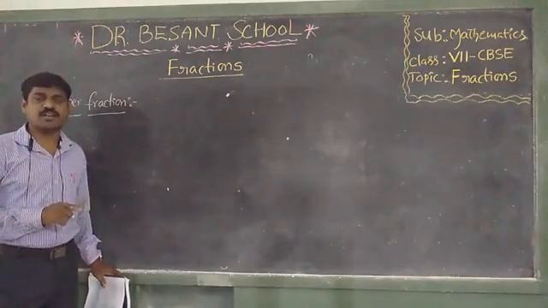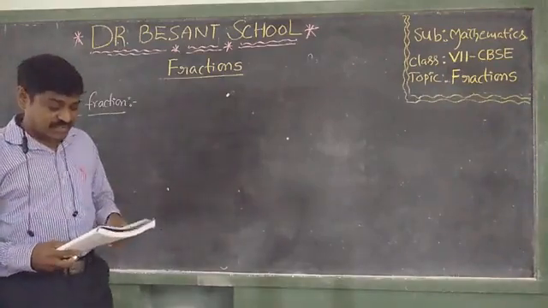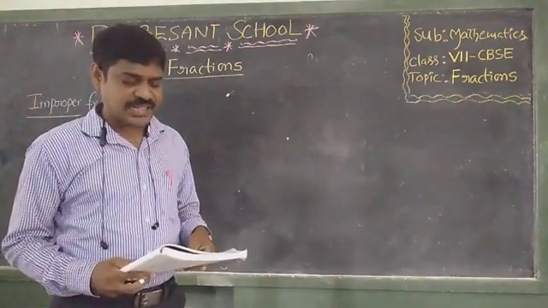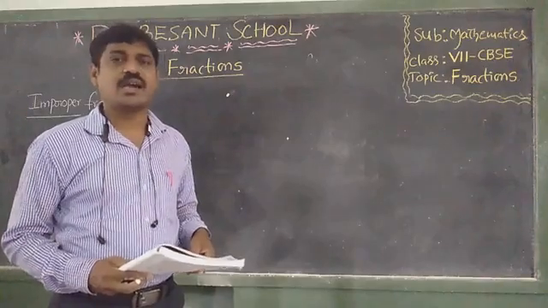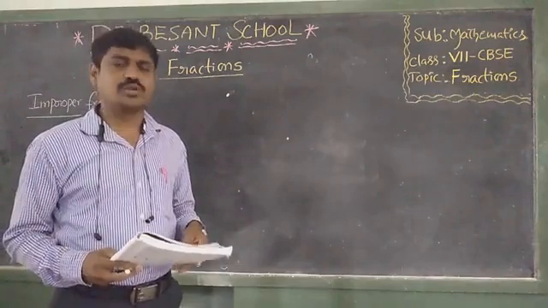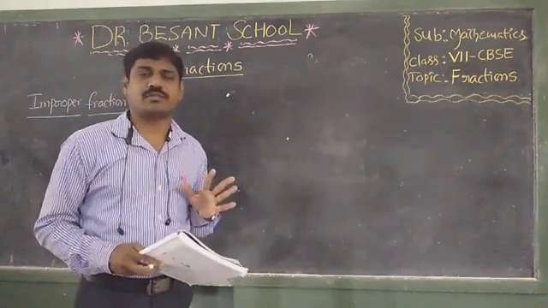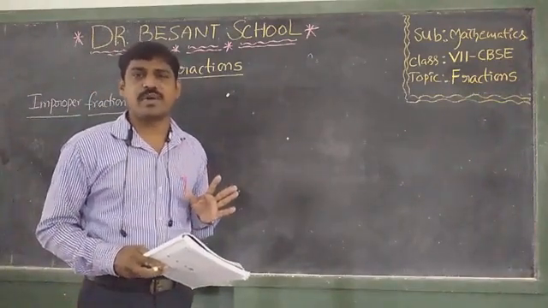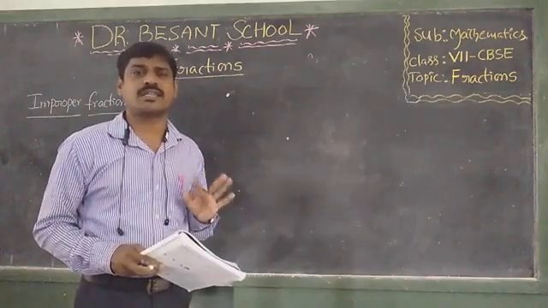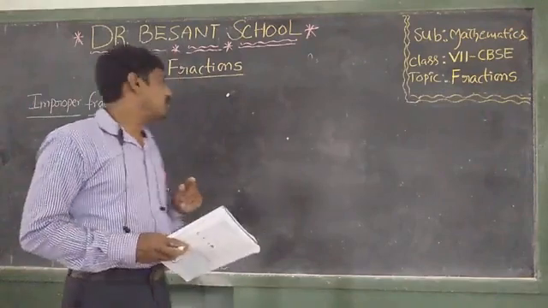That is the definition. But in your textbook it is given that in an improper fraction the numerator is greater than the denominator. So you follow this definition, but you should remember that the numerator is greater than or equal to the denominator. Okay, children.